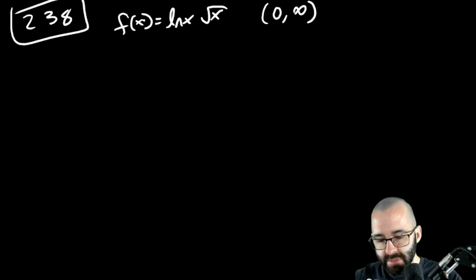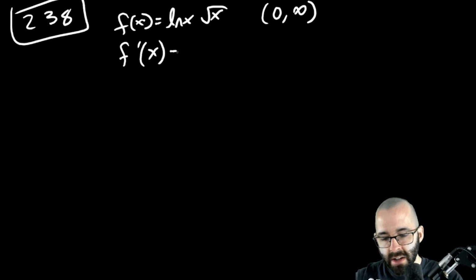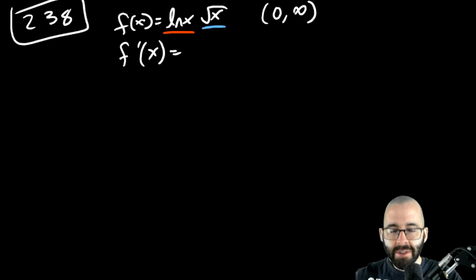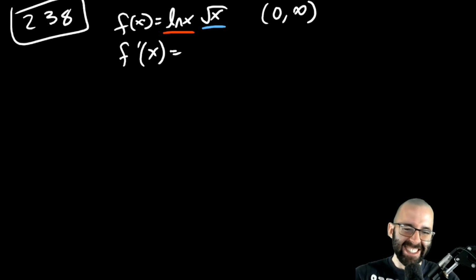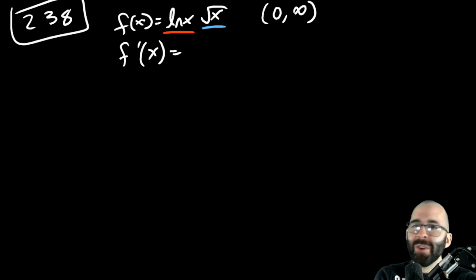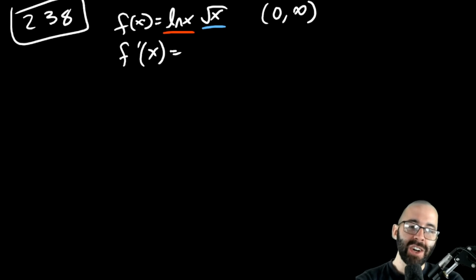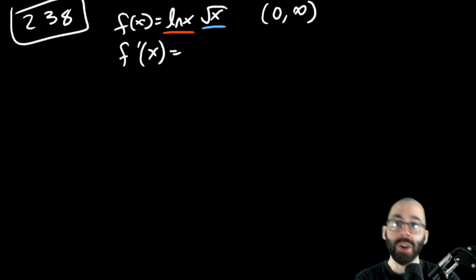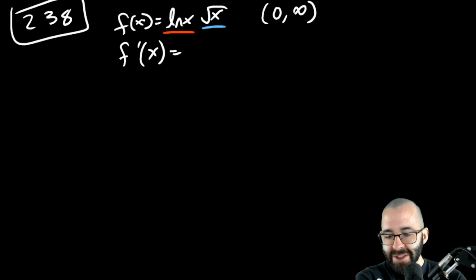So f prime, the derivative, what is our function? This is such a nasty problem. Our function is one function times another function. Oh, it's not as bad, maybe. We're going to have to use the product rule. F of x equals the natural log of x.